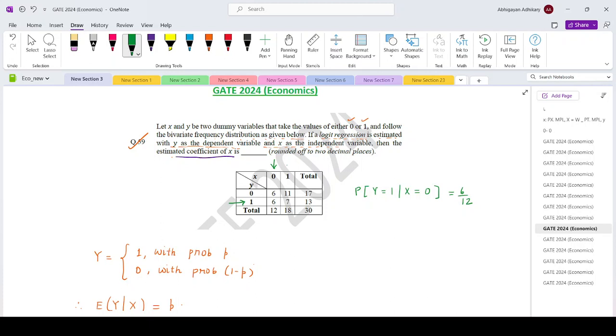And the probability that y is equal to 1 given x is equal to 1, the second column is fixed, so that is 7 out of the total 18.